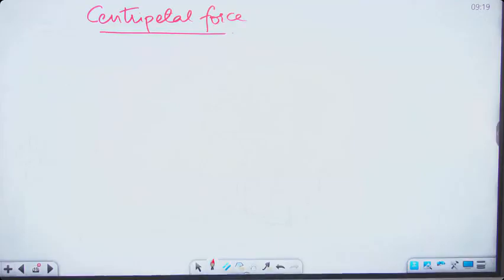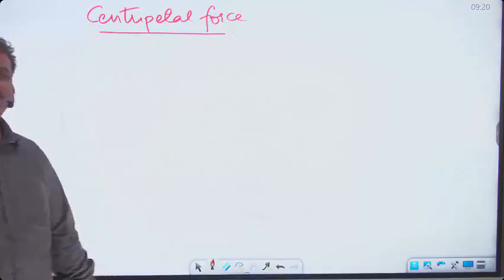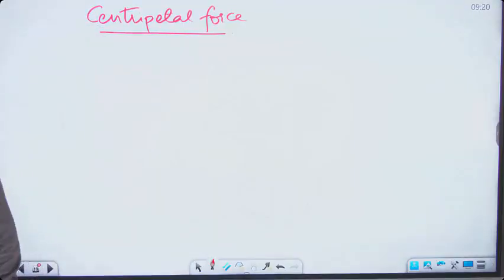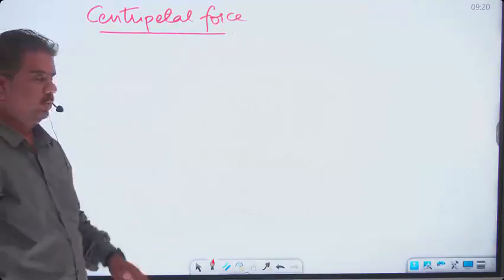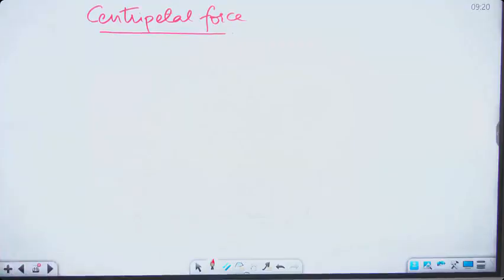So in general, whenever we're talking about these forces, we talk about two different forces. One is centripetal force, the other one is centrifugal force. And centrifugal, we'll discuss that tomorrow. So you talk about the case of the centripetal force, and you know what do you mean by this?